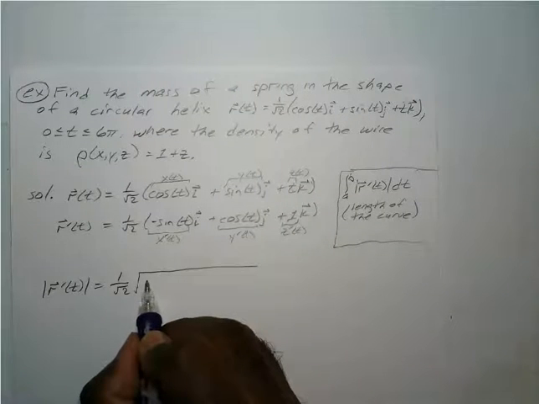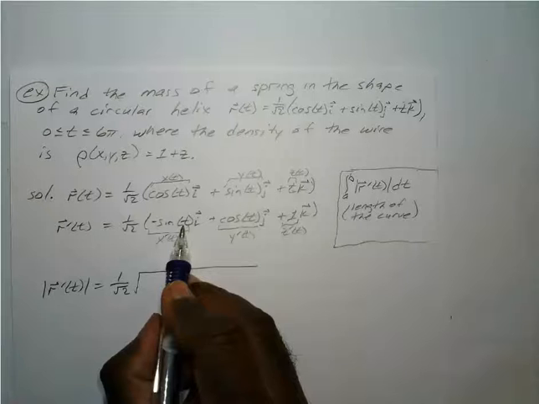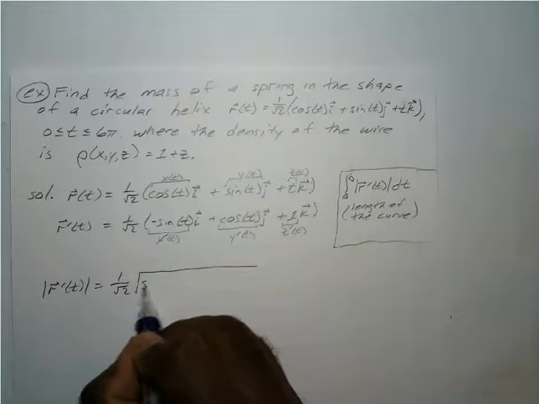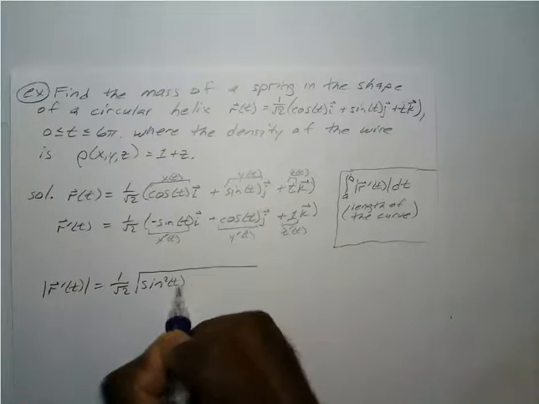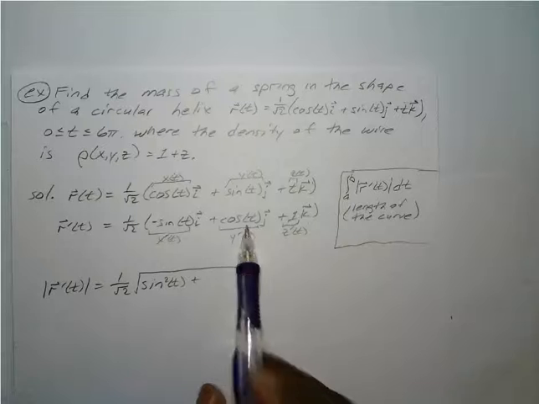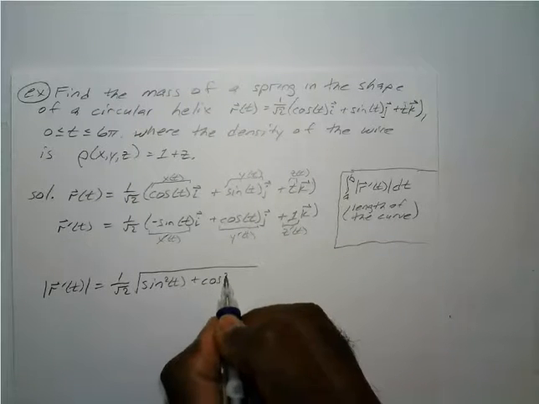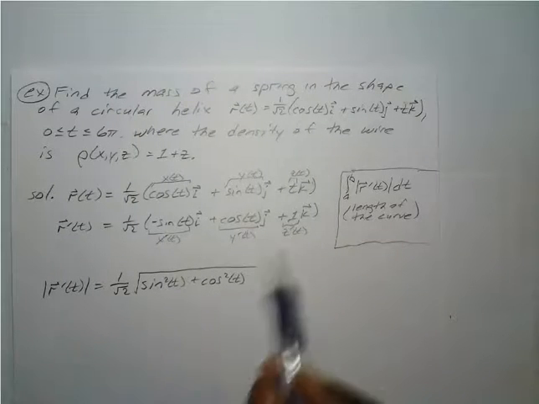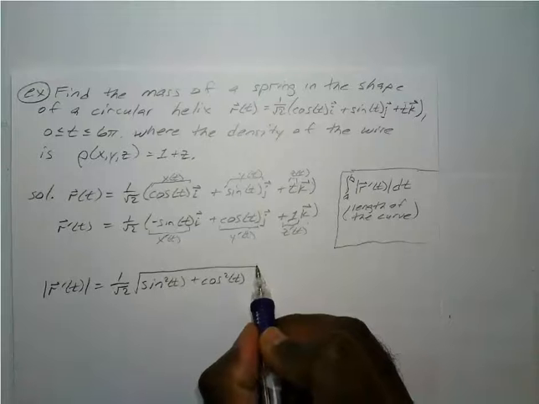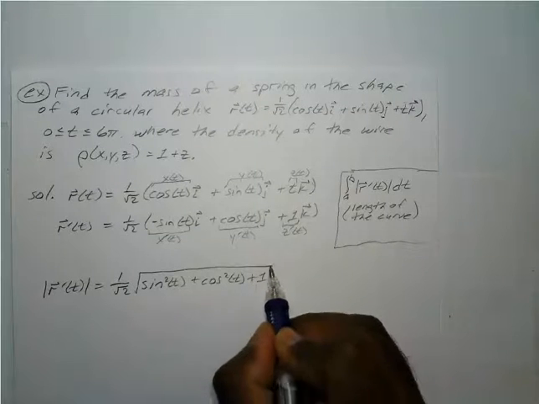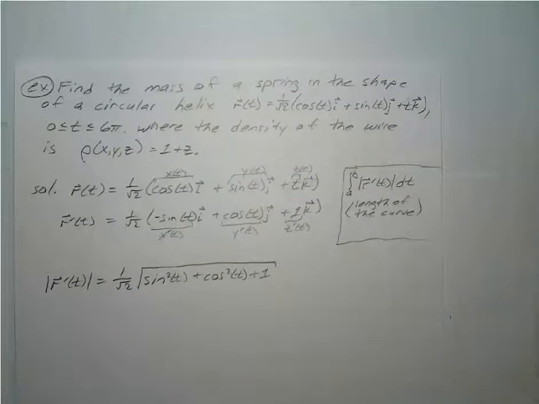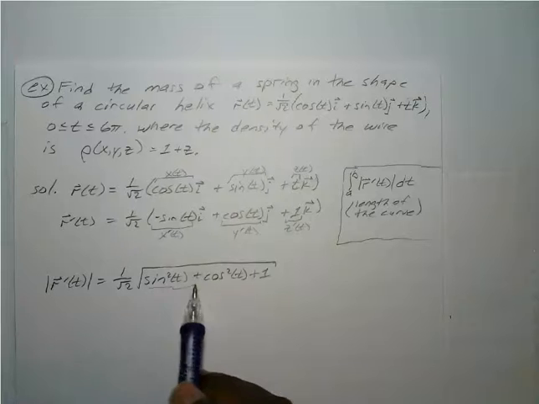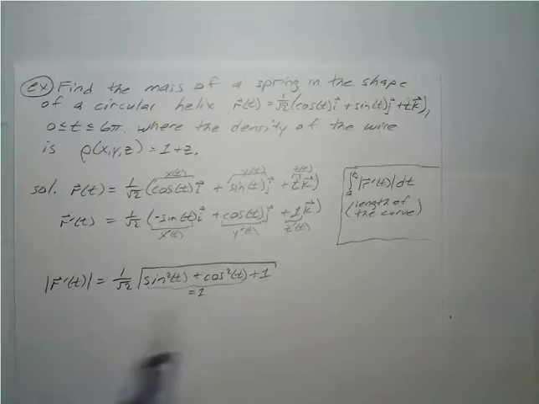So that's negative sine t squared, which is just positive sine squared t, cosine squared t, plus 1 squared, which is just plus 1. Okay, so we know sine squared plus cosine squared is just 1.